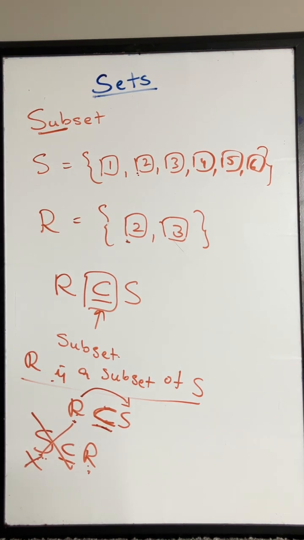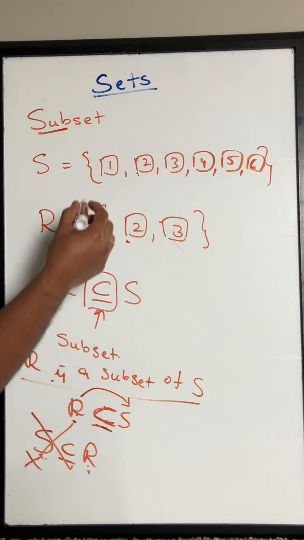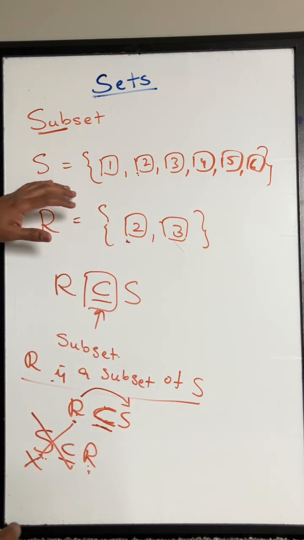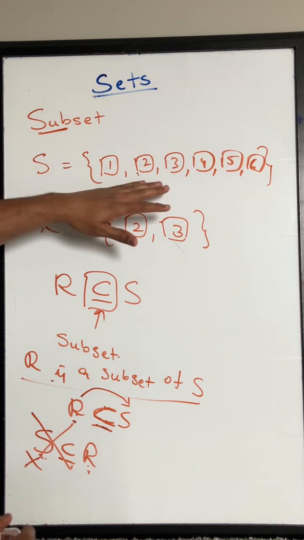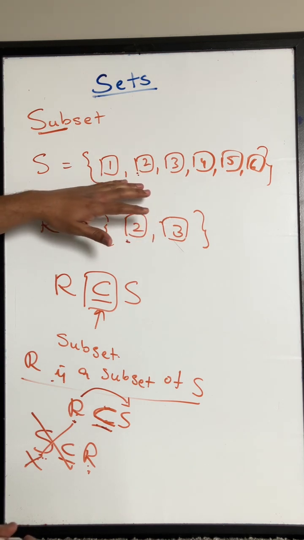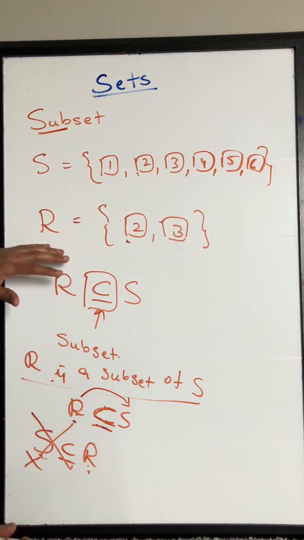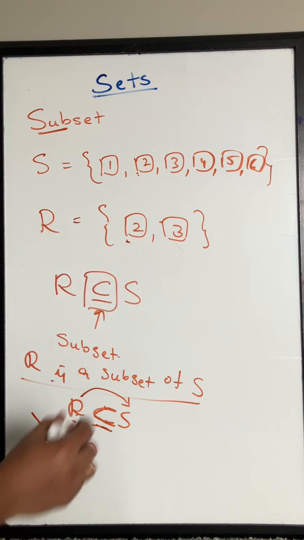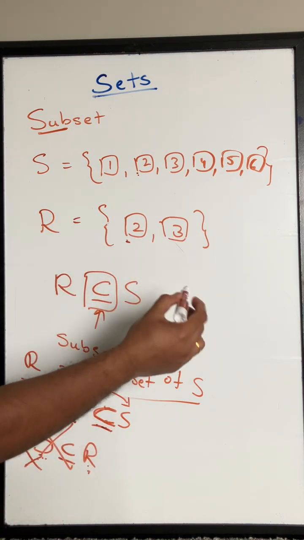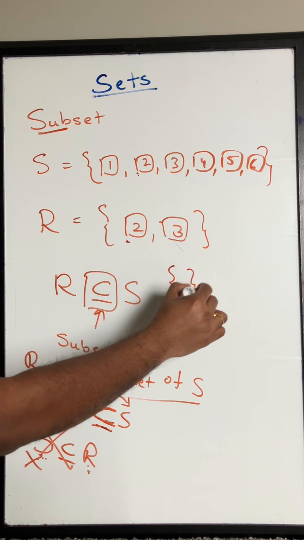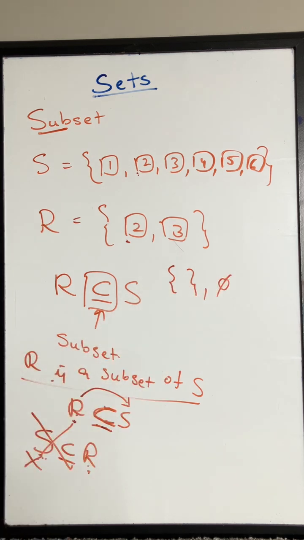There are two other things we can learn. These are my stamps 1, 2, 3, 4, 5, 6, and these are Ranga's stamps 2, 3. We know the empty set, which we denote with this or with phi.